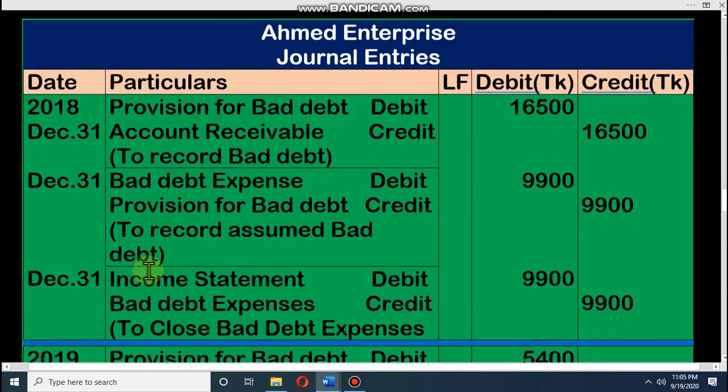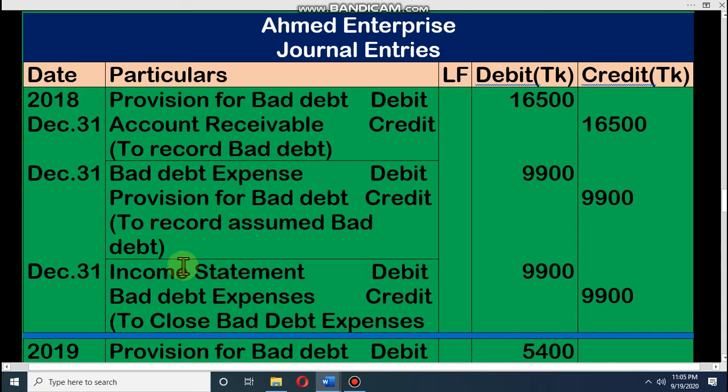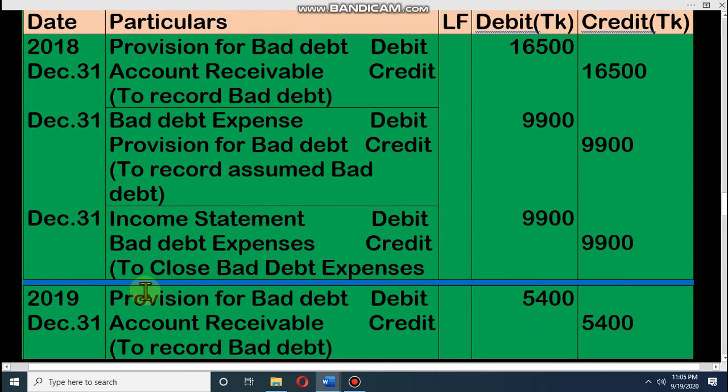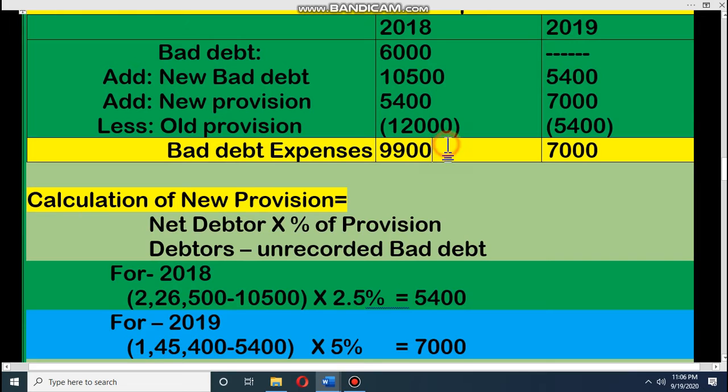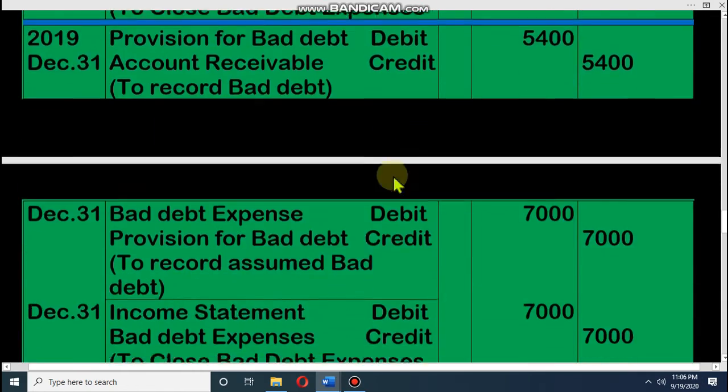Then the second journal is to record the assumed bad debt, that means to record bad debt expenses. Bad debt expenses debit, provision for bad debt account credit, it is 9,900. And the next journal is for closing the bad debt expenses: income statement debit, bad debt expenses credit, 9,900. For these two journals the amount will be the bad debt expenses, which we calculated in the math as 9,900, and I have discussed in detail how we calculate bad debt expenses. So dear student, I hope you understand.